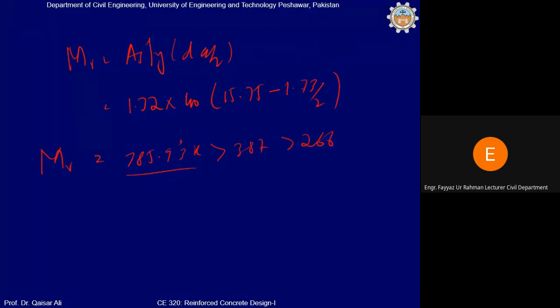So this is how you can calculate the flexure capacity of a reinforced concrete section at the ultimate stage. Is there any question? No, sir. And now this is basically the final stage, the ultimate stage.